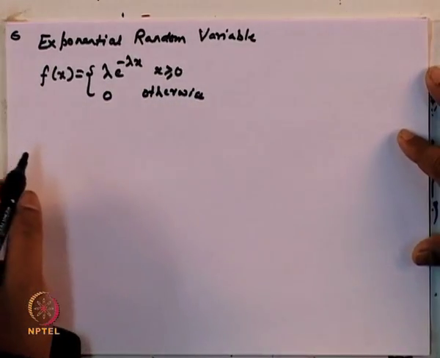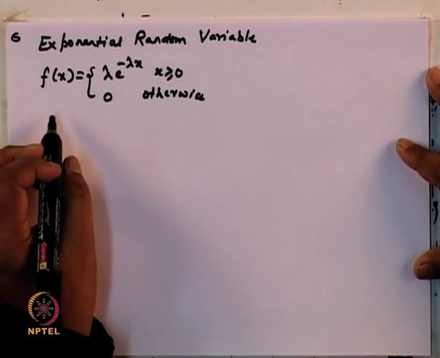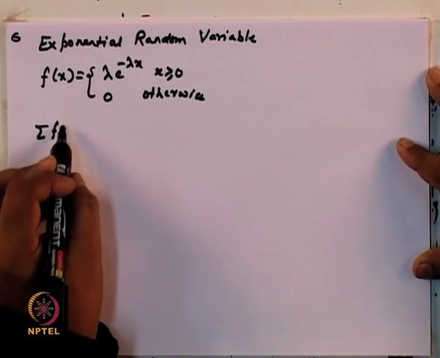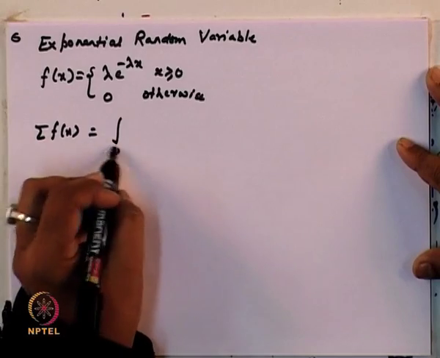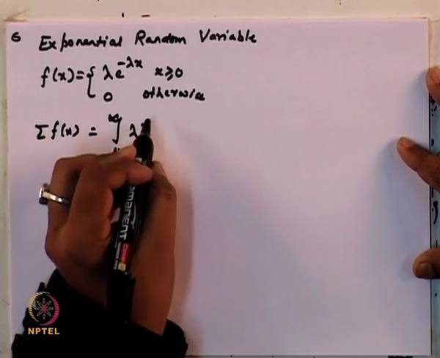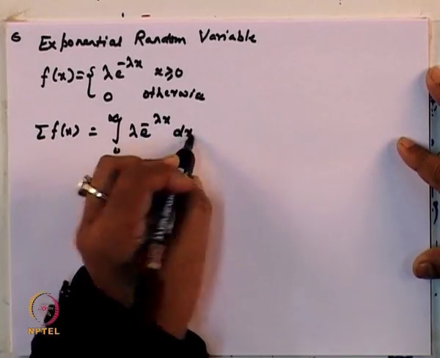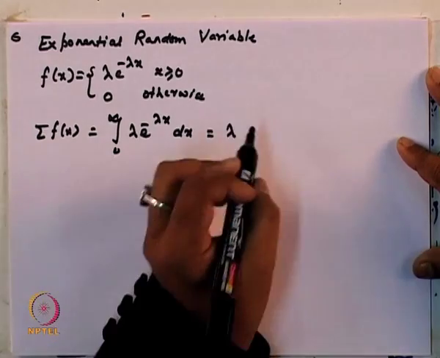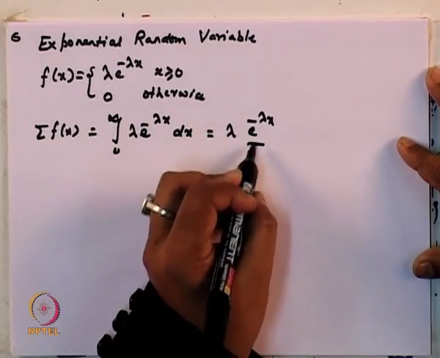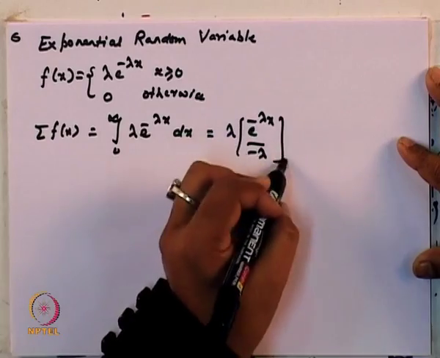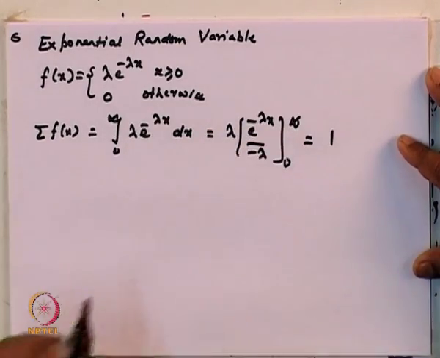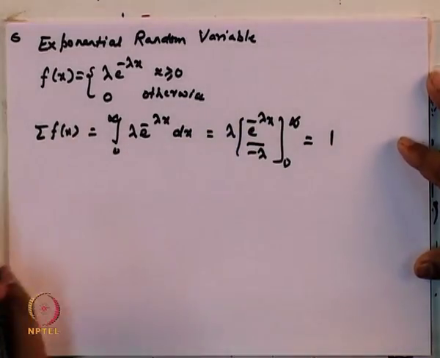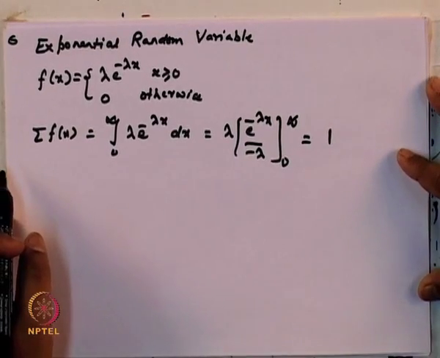So, I can check that the summation of f(x) would mean the integral from 0 to infinity of lambda e to the power minus lambda x dx. I can take lambda out and it is e to the power minus lambda x by minus lambda between 0 and infinity, which is equal to 1. So, this fulfills that the sum of all probabilities is 1.